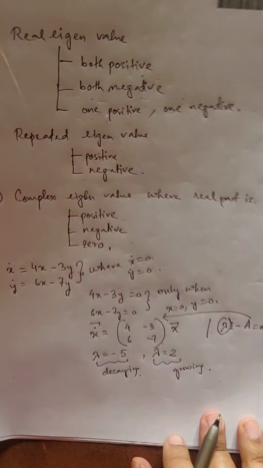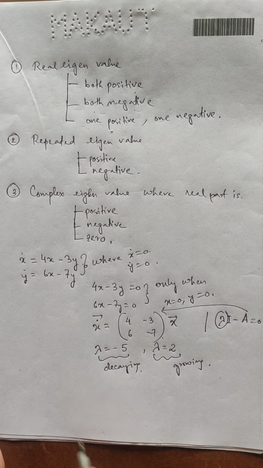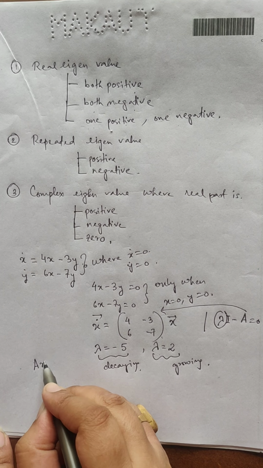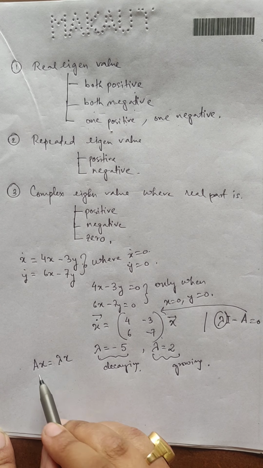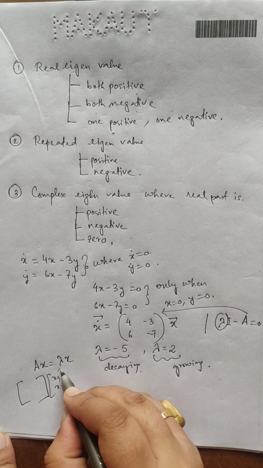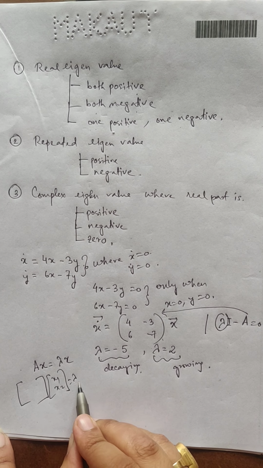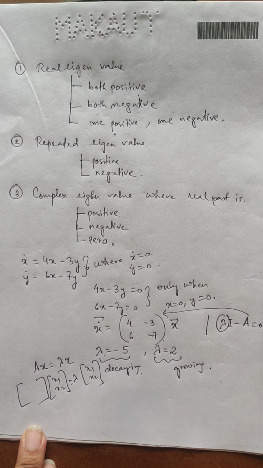Now by using these two eigenvalues, I can easily find out the eigenvector, and the formula is Ax equal to lambda x. So with this system matrix, this will be x1 and x2 equal to lambda. Suppose for the first case, I use minus 5, and this becomes my x1, x2.